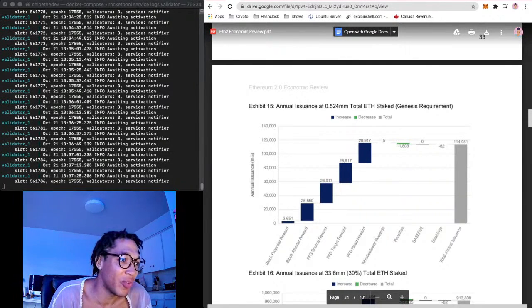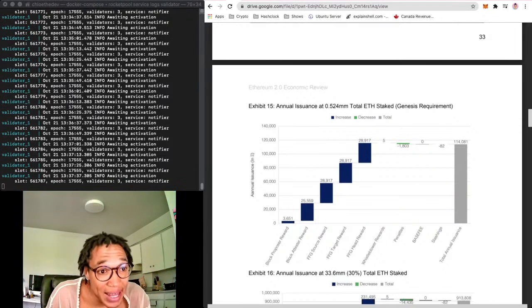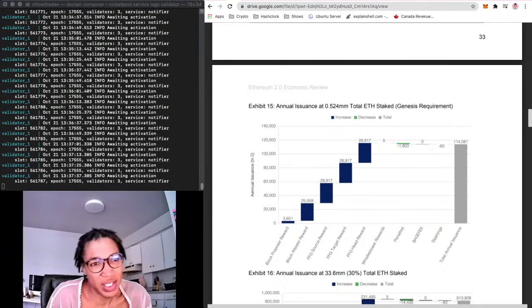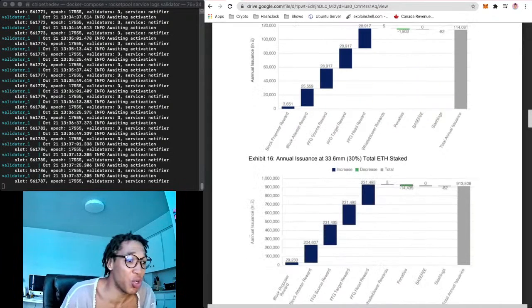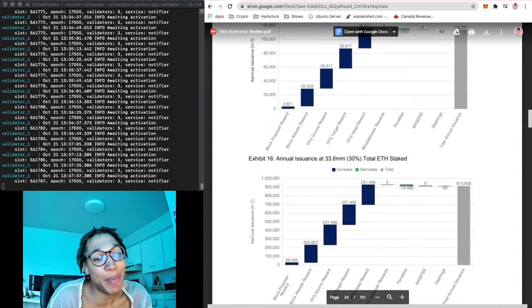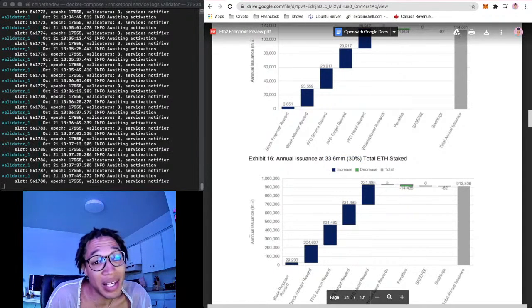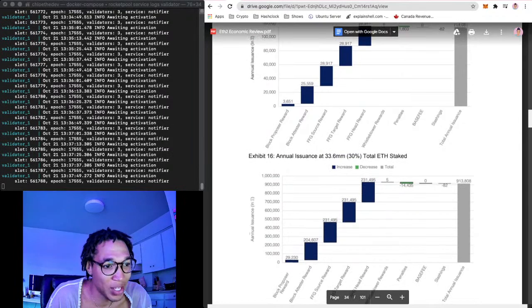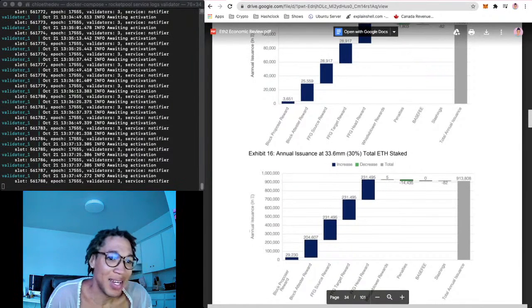It's kind of difficult to understand fully, because here you see the total annual issuance is 114,000 ETH, which I guess isn't too bad. But that's at only that point. Then it shows you what's going to happen if almost a third of the network ends up staking. What you're going to see is almost 1 million. See this big gray bar on the right? Total annual issuance: almost 1 million ETH per year.